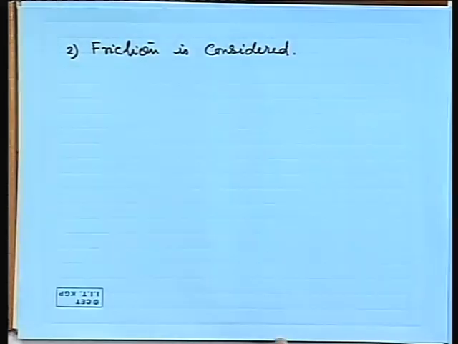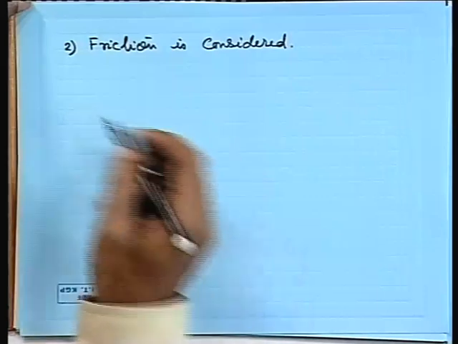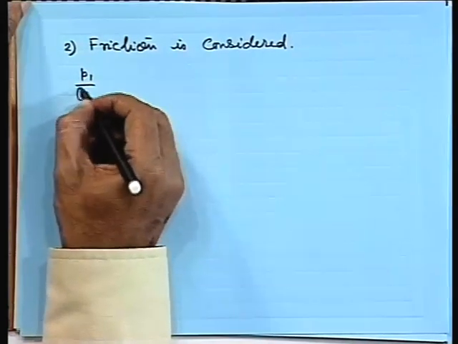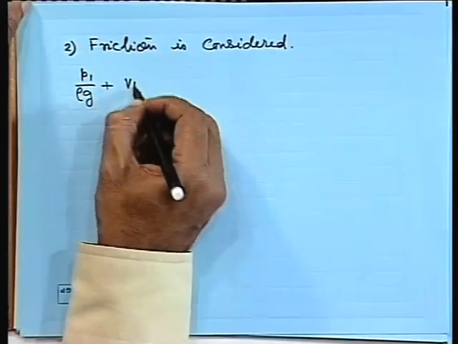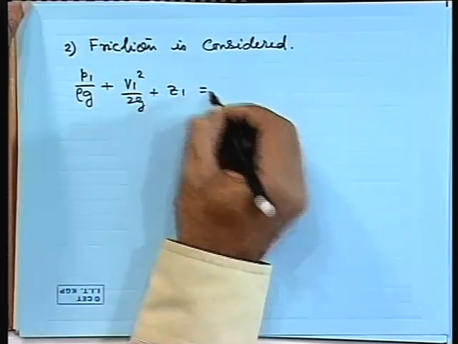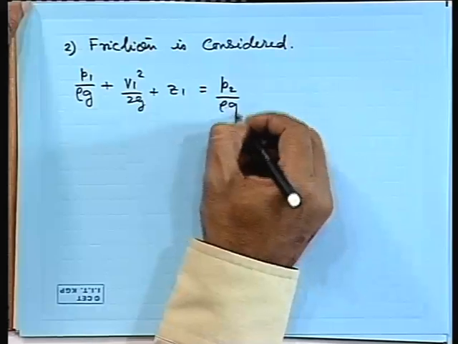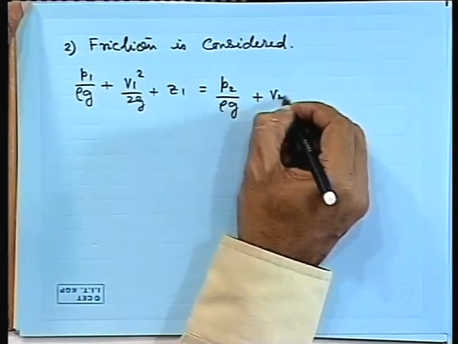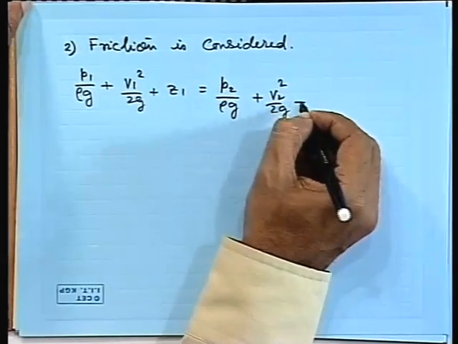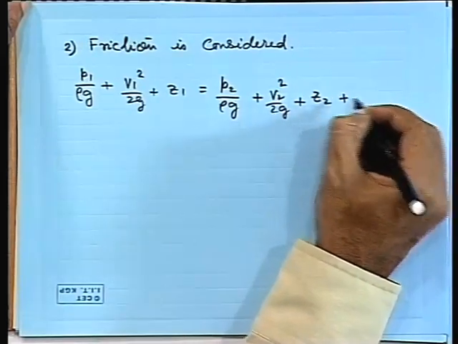If we consider friction, then we get P1 by rho g plus V1 square by 2g plus Z1 is equal to P2 by rho g plus V2 square by 2g plus Z2 plus HL.